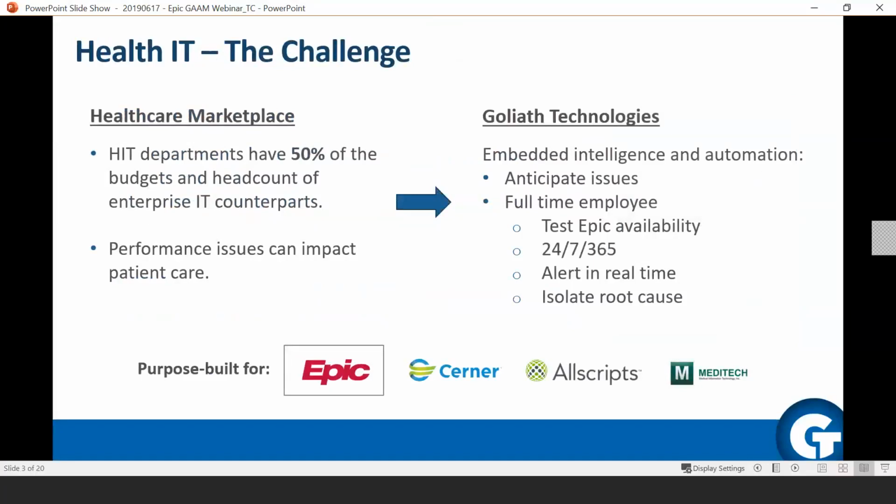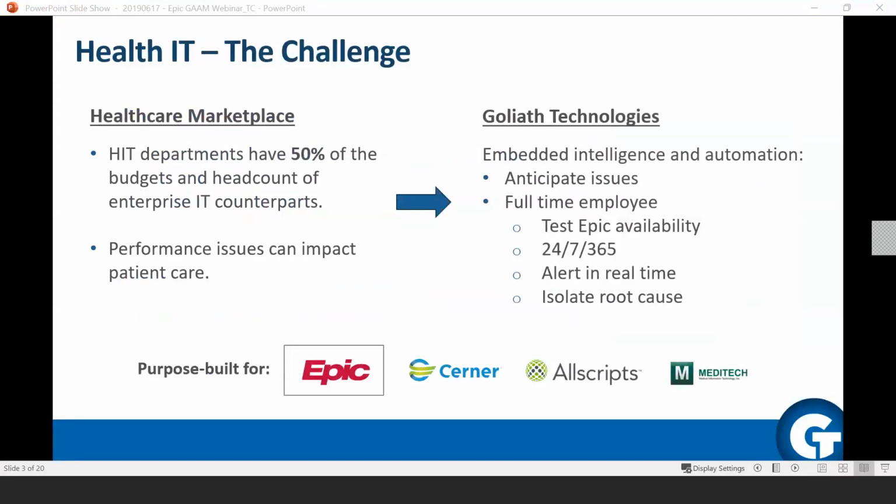So when we talk about health IT and the challenges that face healthcare IT, the overwhelming issue in the healthcare marketplace, especially with health IT, is that if you look at a healthcare system, their IT department will generally have 50% of the budgets and headcounts of their enterprise counterparts. And their performance issues can impact patient care.